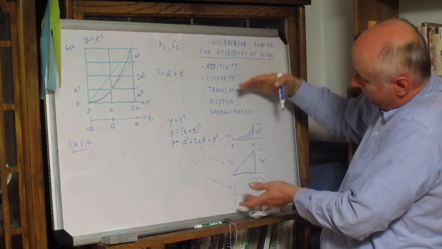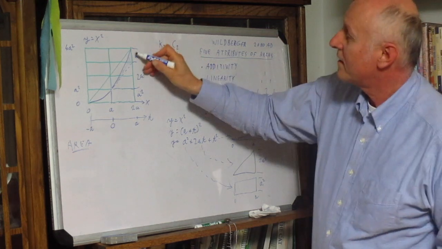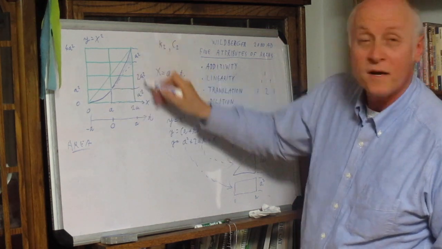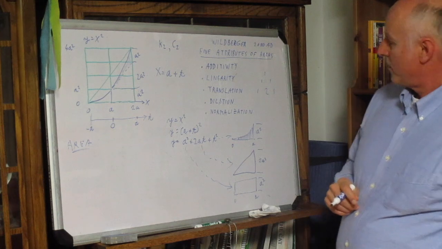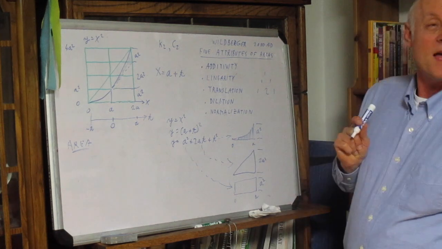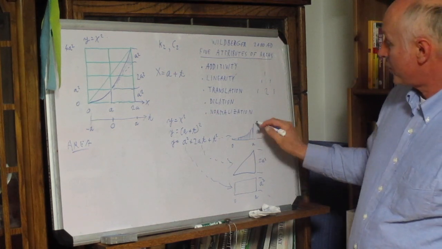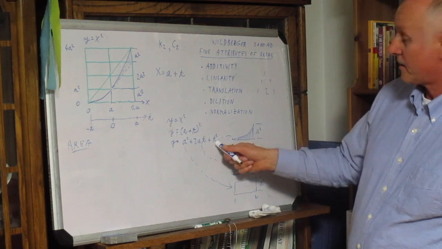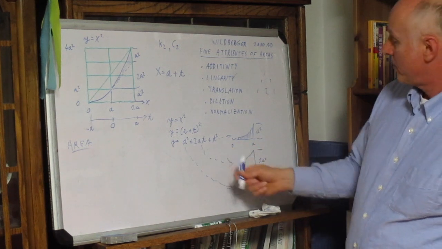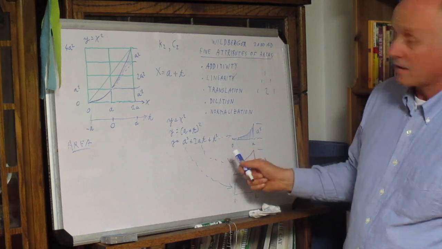And when you squish them all together, well, you get this kind of a shape. Okay. Notice one thing. Notice this shape here, this t squared, where we're going 0 to a on the t-axis.